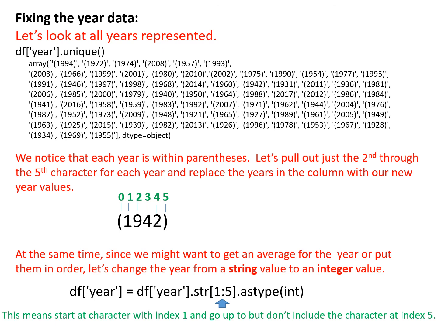And then if we tack on to that .astype int, it's going to turn that character string into an integer. That's what we want, because we want it to be looked at as a number. An integer is just a whole number that's not going to have any decimal points, and we won't have any decimal points with these years anyway. Okay, so that's what we will do to fix our years.